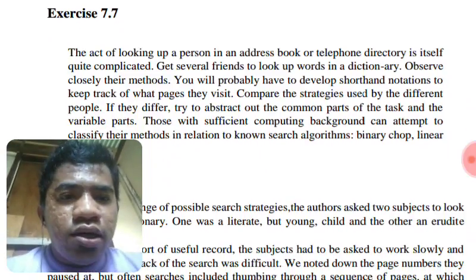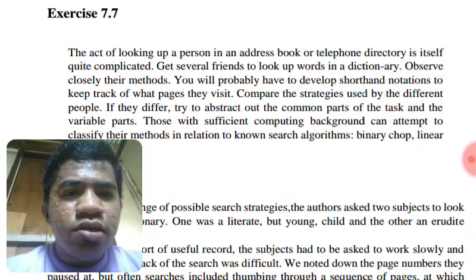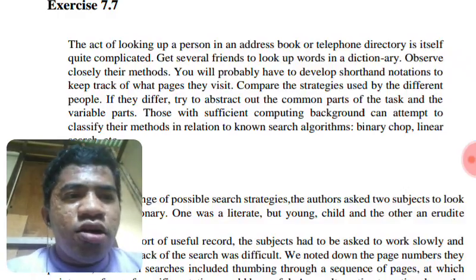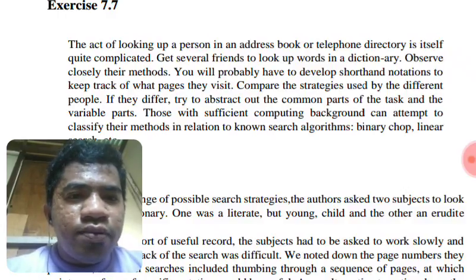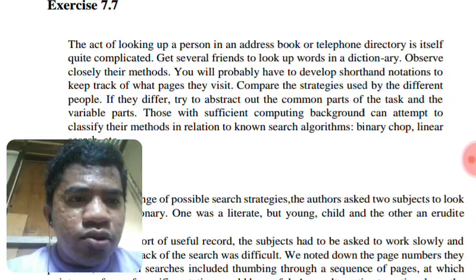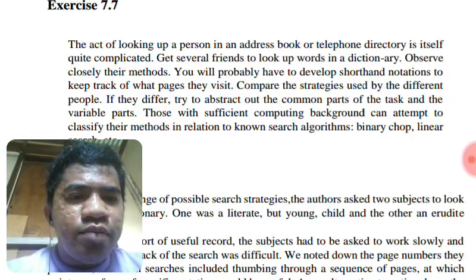Exercise 7.7. The act of looking up a person in an address book or telephone directory is itself quite complicated. Get several friends to look up words in a dictionary. Observe closely their method. You will probably have to develop shorthand notation to keep track of what pages they visit.